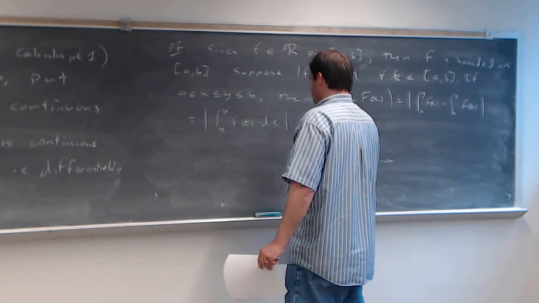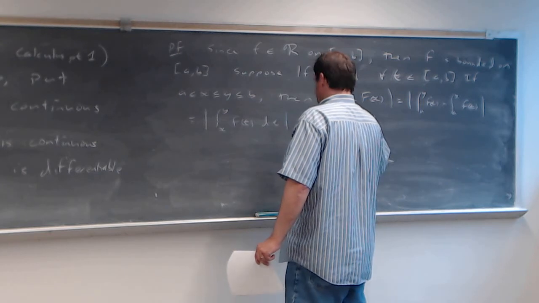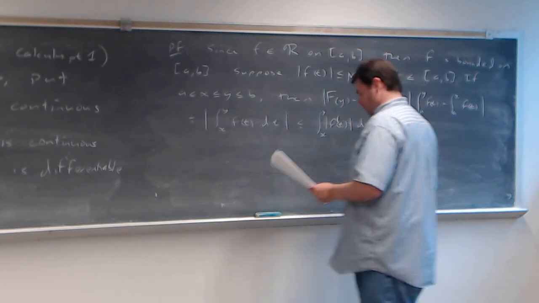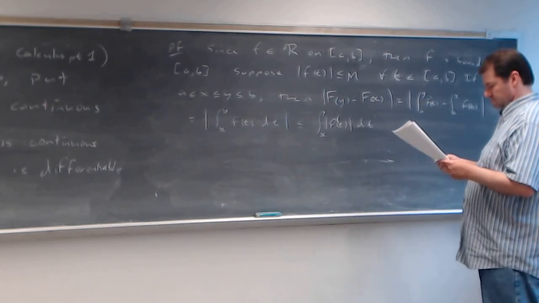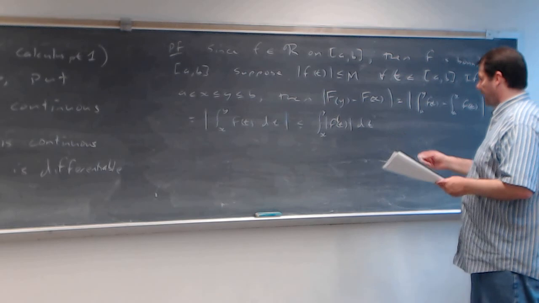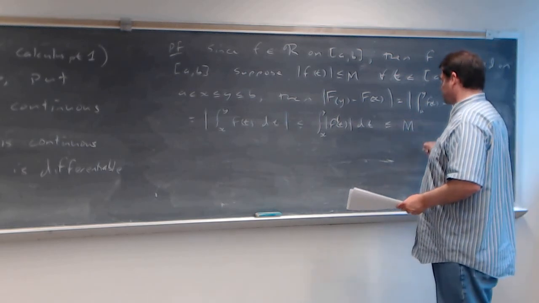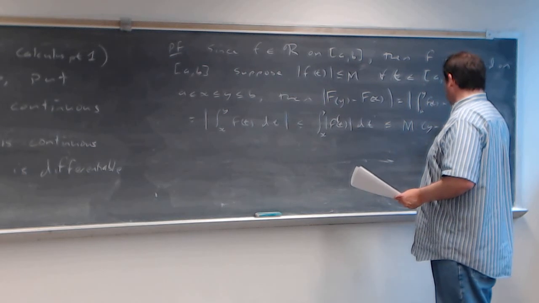And that's going to be less than or equal to the integral from x to y of the absolute value of f of t dt, and that is less than or equal to M times y minus x.